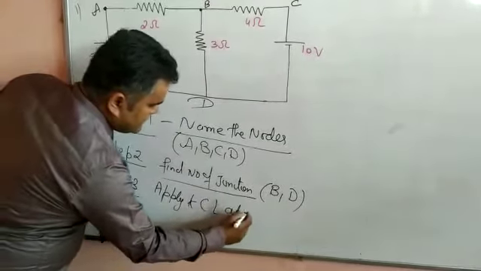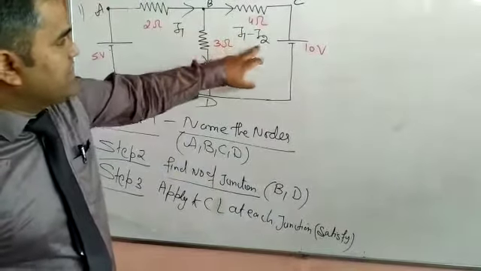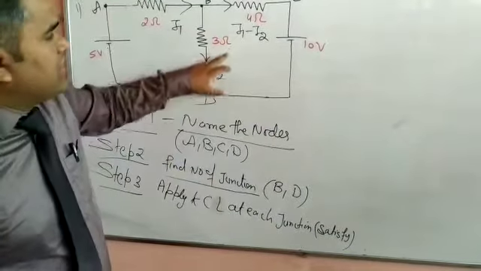Okay, so I'm assuming at B, I1 is coming, and here I2 is going. It means if I1 is coming and I2 is outgoing, then what is the current here? I1 minus I2. It means incoming is equal to the sum of outgoing. If you add these two, I1 minus I2 plus I2, the answer is I1.